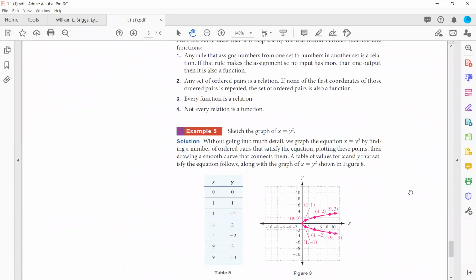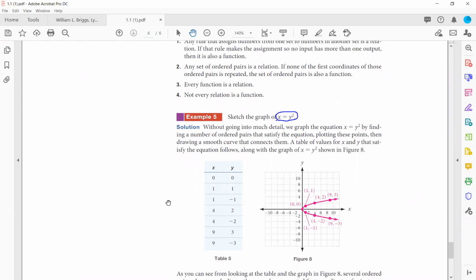And finally, one example. The example says, sketch the graph of x equals y squared. We can use a table, x on the left-hand side, y on the right-hand side. Suppose x is 0.